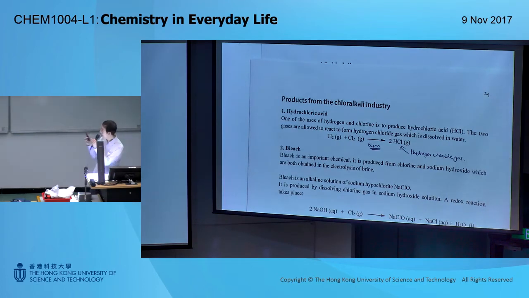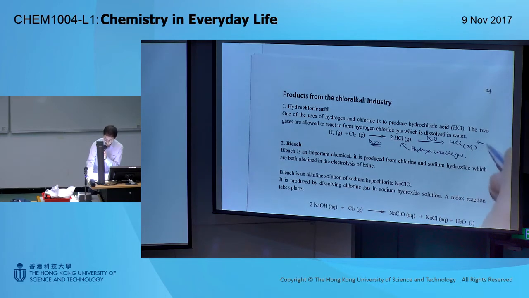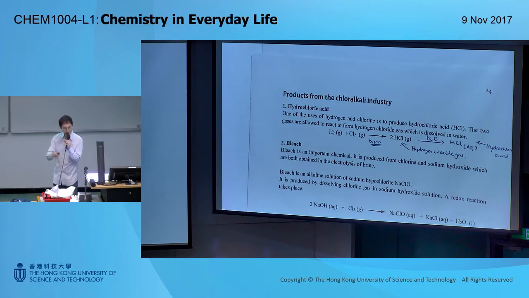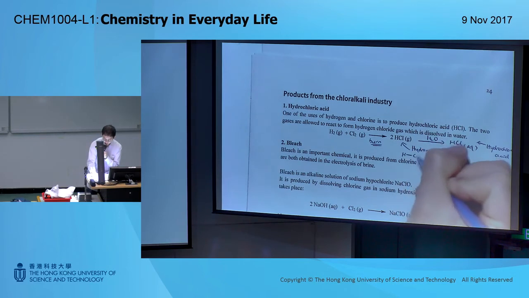Now you see, we call the gas form of HCl hydrogen chloride. But when this is dissolved in water, okay, then we add water, then it becomes HCl(aq). This is now hydrochloric acid. So when it is in water solution, we call this the acid because now the ions form H+ and Cl-. But when it is a gas, it is a molecule, an HCl molecule.